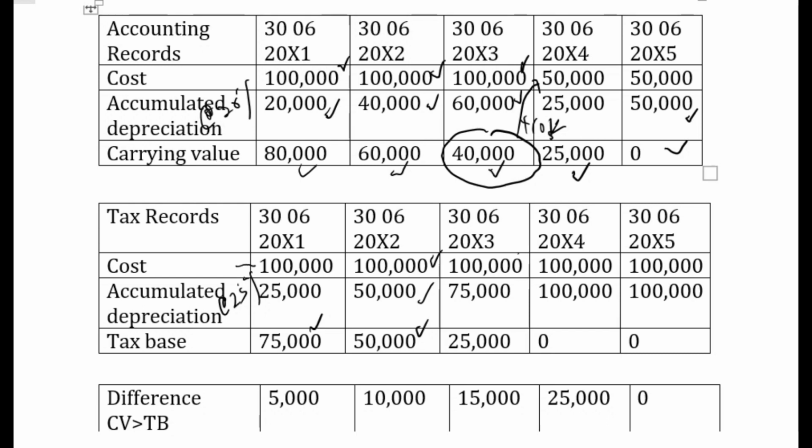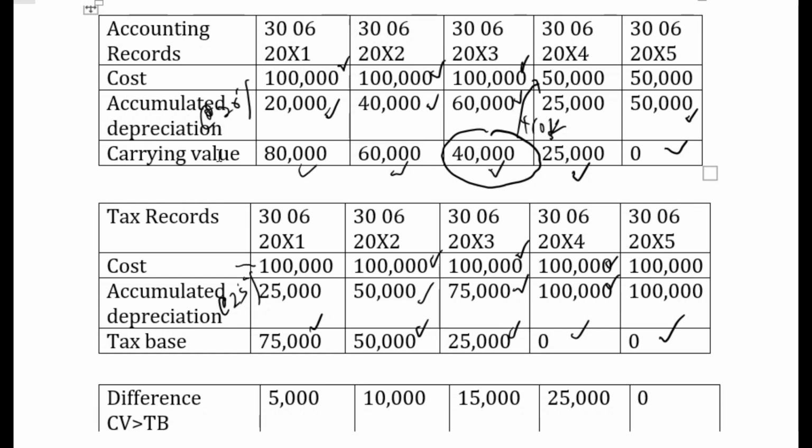Third year, accumulated depreciation increased to $75,000, tax base becomes $25,000. X4 year, the accumulated depreciation becomes $100,000, and the tax base becomes $0. And the fifth year, the tax base is $0.